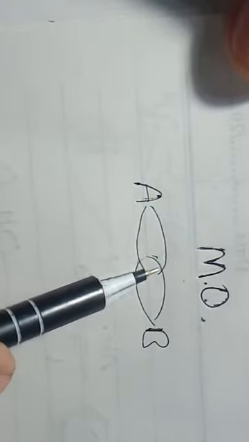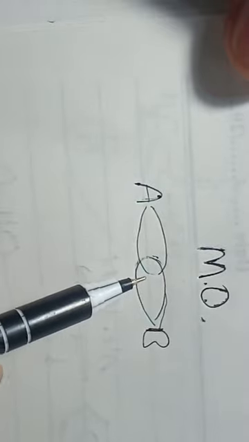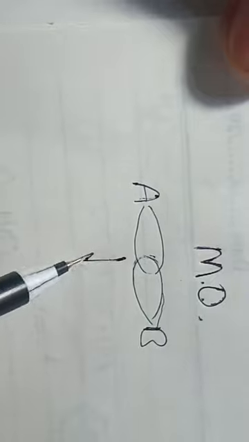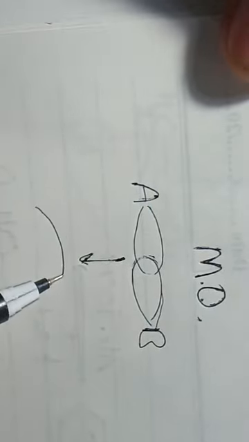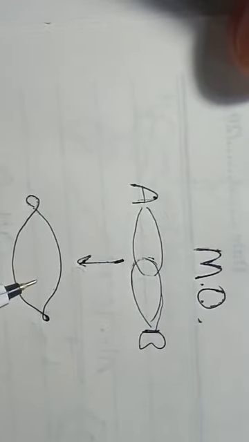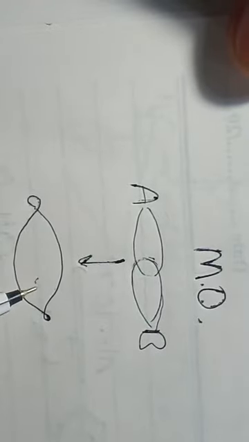Due to the overlapping or mixing of atomic orbitals, a resultant new orbital is formed, and this resultant new orbital is known as a molecular orbital.